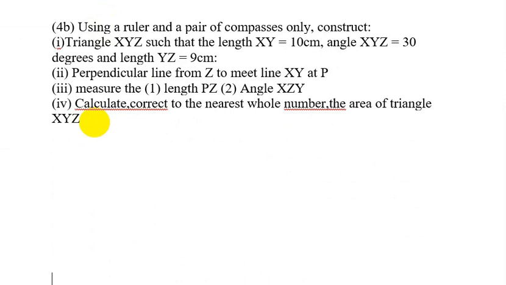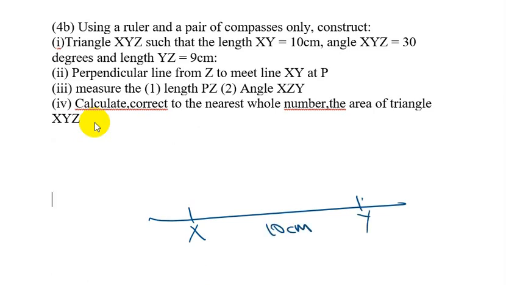So it says we are drawing triangle XYZ such that length XY is 10 centimeters. So we have X, then we have here Y, that's 10 centimeters. And they said angle XYZ is 30 degrees.